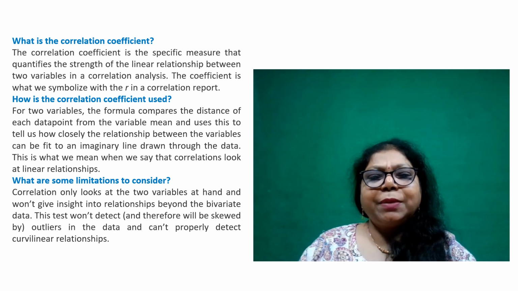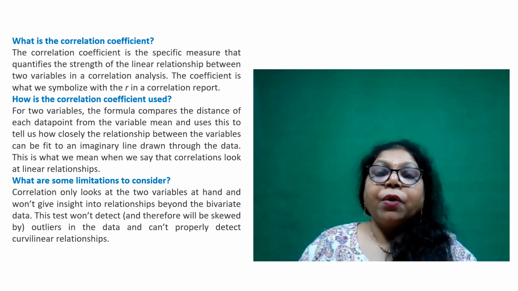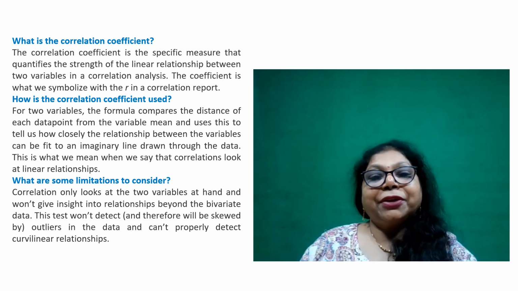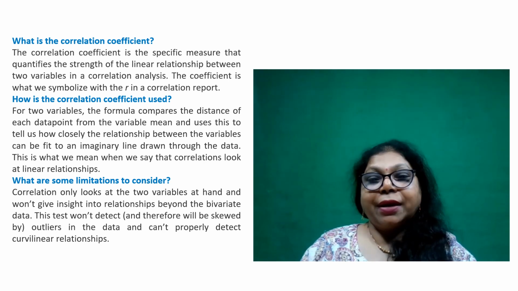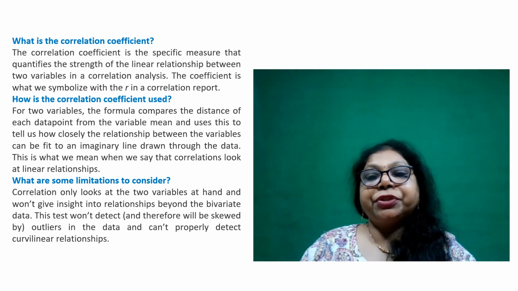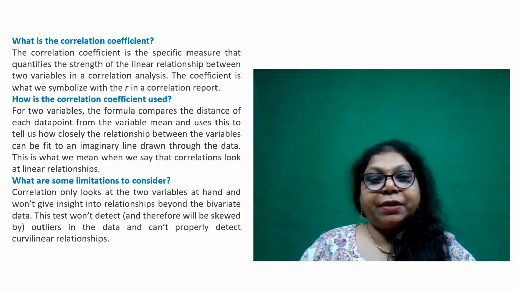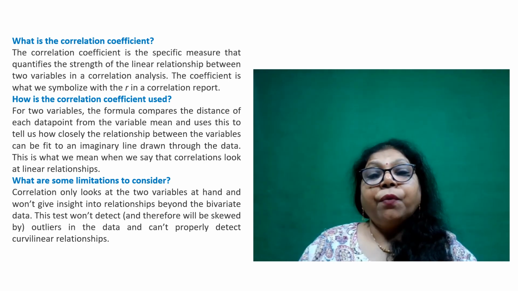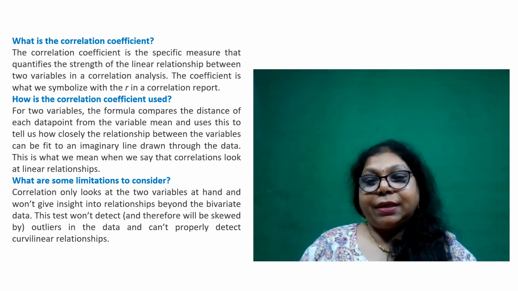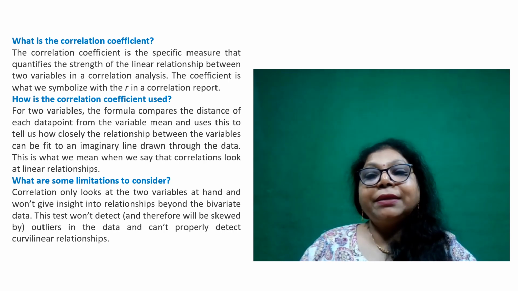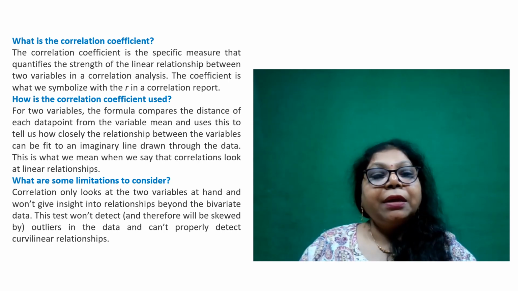So what are some limitations of the coefficient of correlation? Obviously, there are some. Correlation only looks at the two variables at hand and won't give insight into relationships beyond the bivariate data. This test will also be skewed by outliers in the data, and it can't properly detect curvilinear relationships.